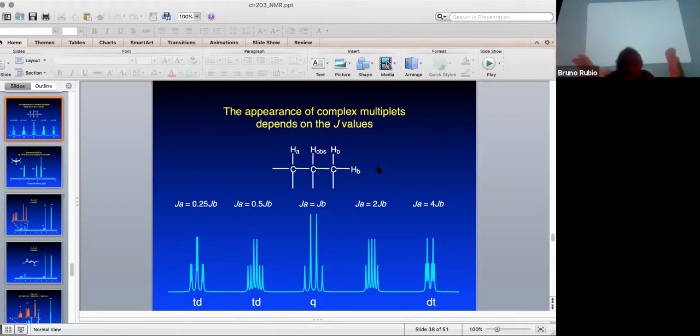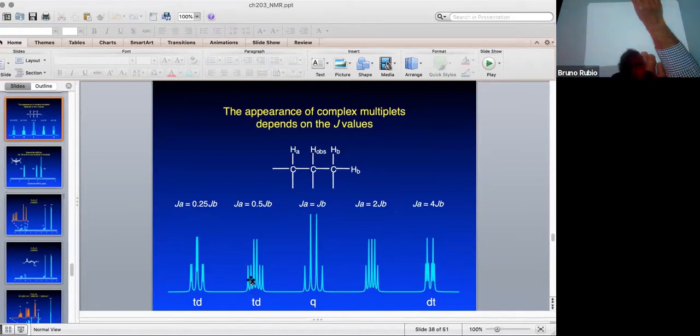And it is, or it looks like a quartet. It looks like a quartet because all of the coupling constants were equal just by accident. But when the coupling constants aren't equal to each other, then you're going to get some very weird looking patterns here, right?